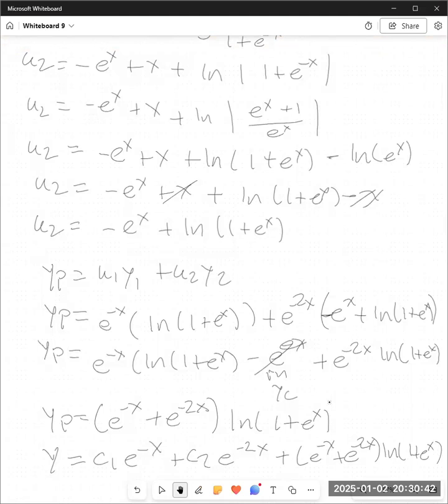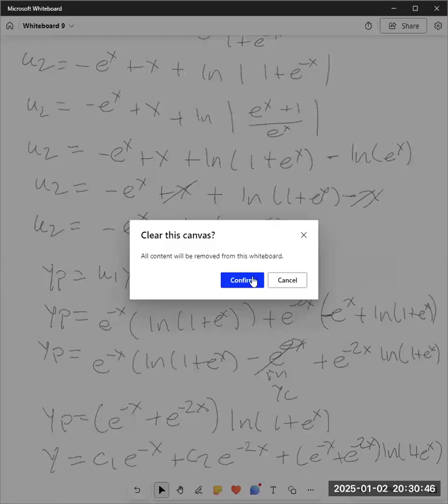All right, one more problem before we finish. I know we're running a little long here, but just want to do one more. And that is y double prime plus 3y prime plus 2y equals sine of e to the x.